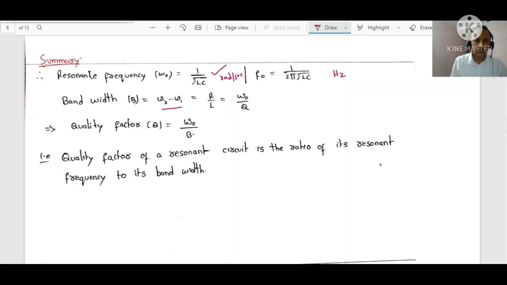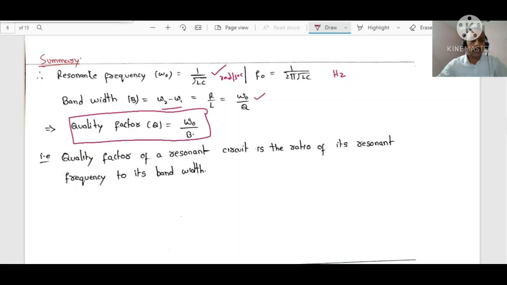It is equal to R by L, and it is also the same as omega naught by Q, where omega naught is the resonant frequency. Clear? Now the relation between quality factor, resonant frequency and bandwidth is very, very important: quality factor Q equals omega naught by B, the bandwidth. So this is all about series resonance.